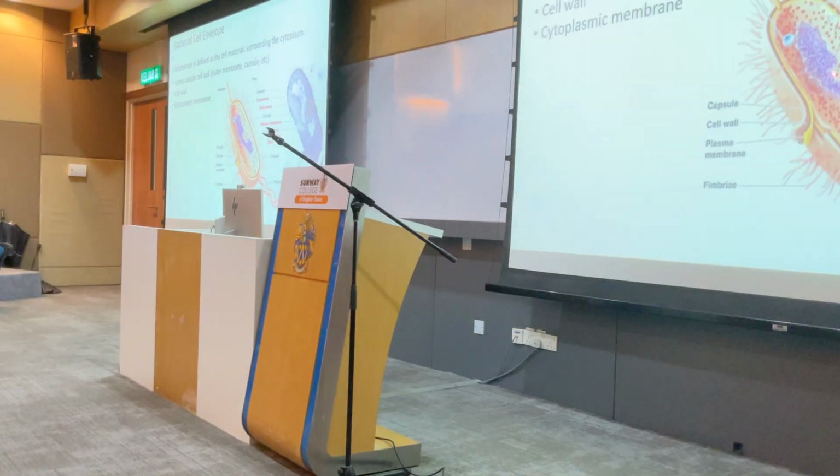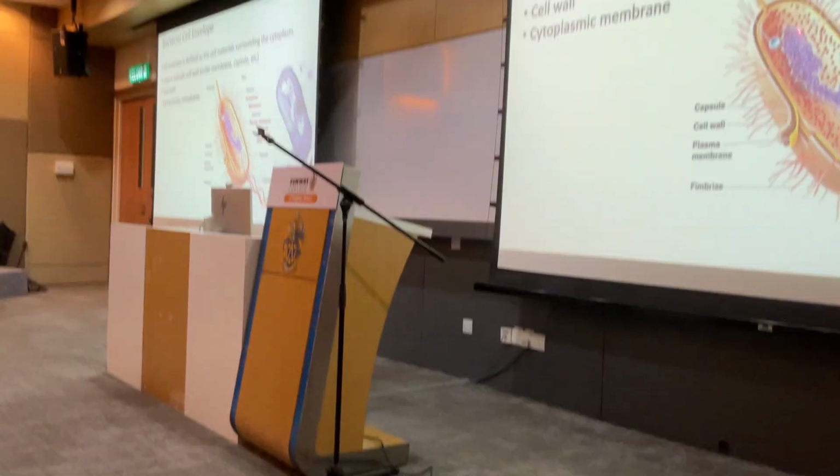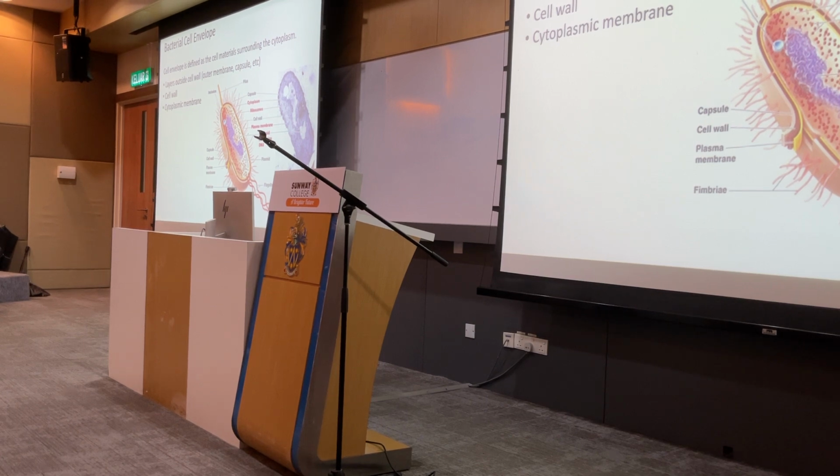Sometimes you describe these particular regions that contain the chromosome as the nucleoid, right? We also have a lot of ribosomes. The dots normally indicate ribosomes, and there are also other things like inclusion bodies present in the cytoplasm.